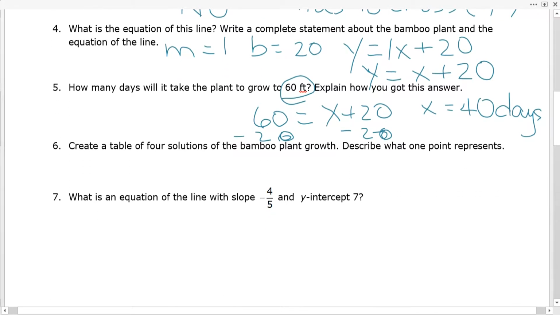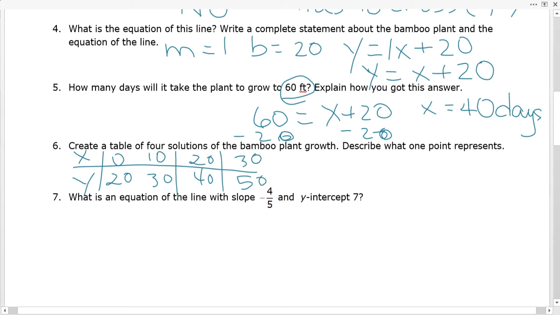So I'm going to make a table. My table is going to go sideways because that's where I have room. So at 0 days, it was 20 feet tall. After 10 days, it was 30 feet tall. After 20 days, it was 40 feet tall. And after 30 days, it was 50 feet tall. So there's my 4 points.